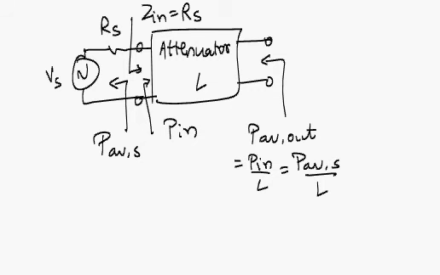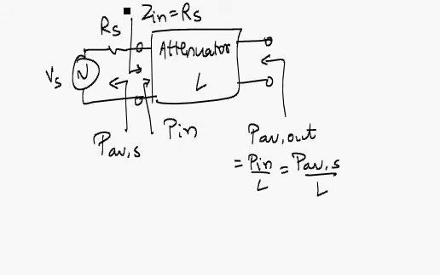But before that, just to clear the air on what we mean by an attenuator with an attenuation of L, what I've shown is a simple two-port network here, which is an attenuator of loss L. It is conjugately matched to the source, which is a source of sinusoidal RMS Vs and a source resistance Rs.